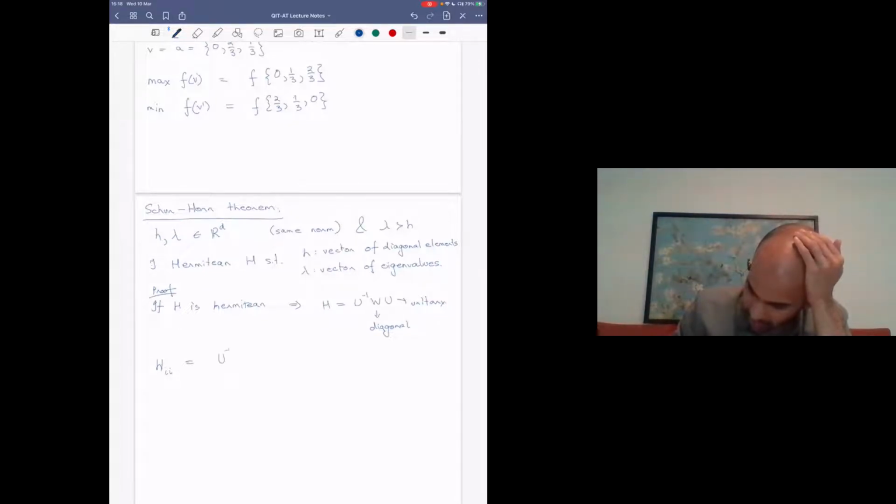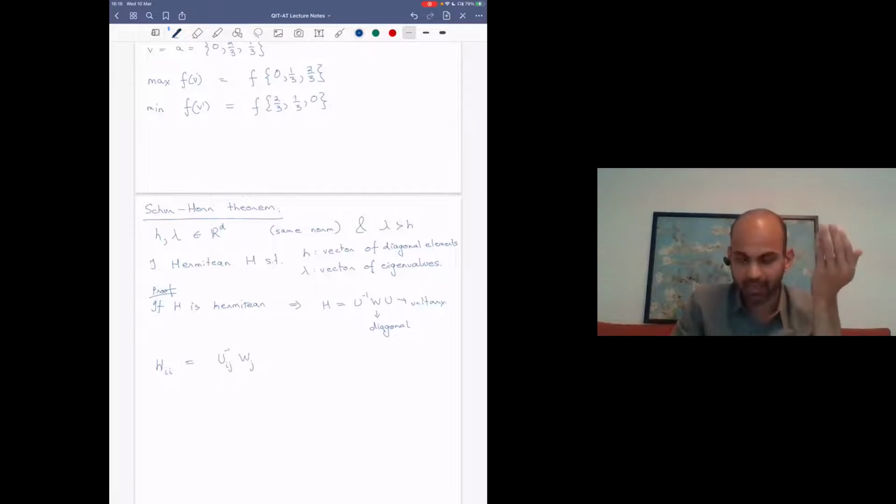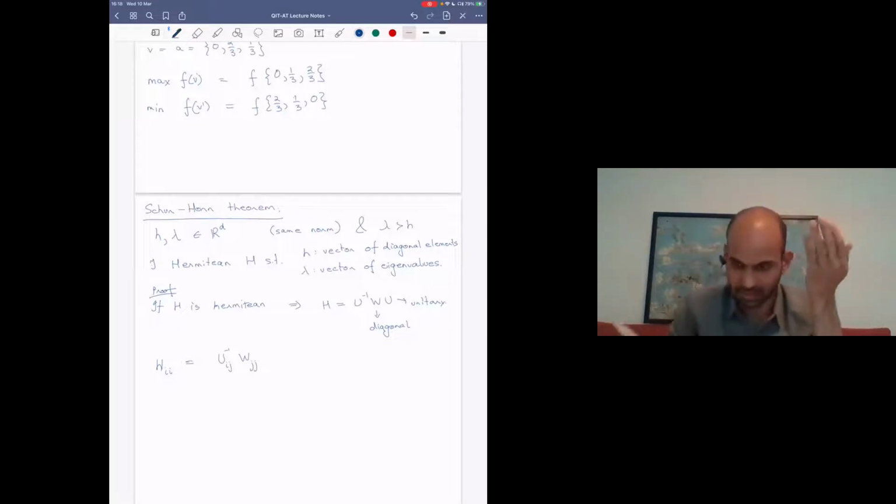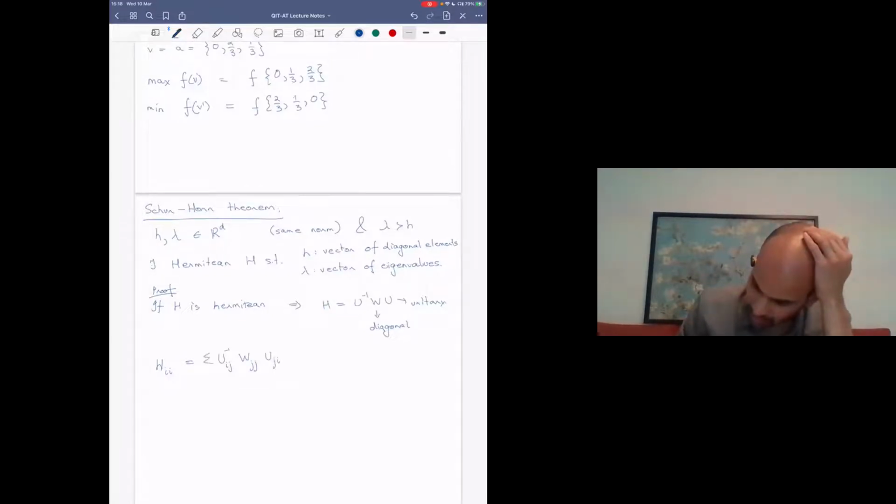This is U inverse_ij, W_jj, U_ji, summed over j. I don't need to write W_jk, because the only elements of W that are non-zero are the ones which have the same index for row and column.